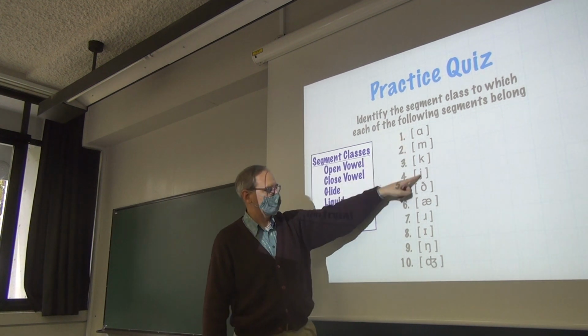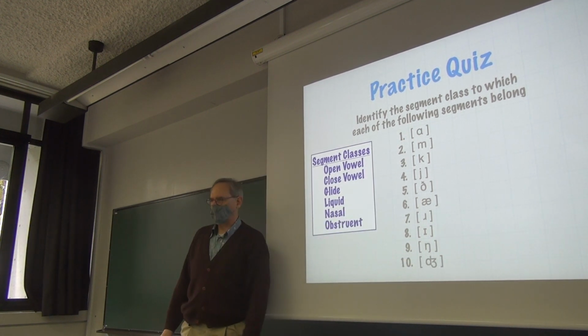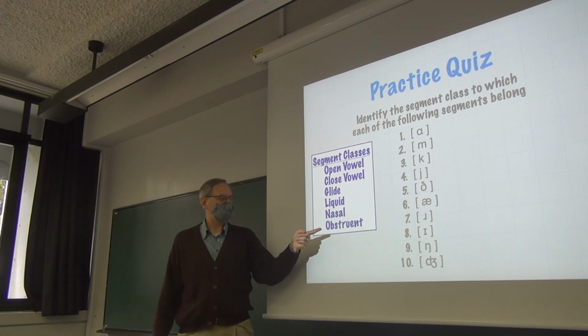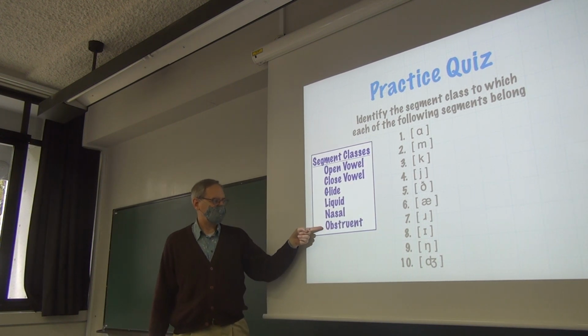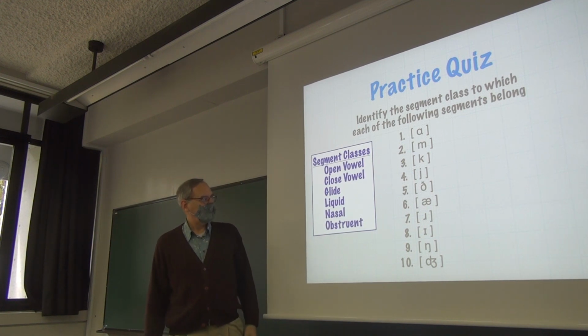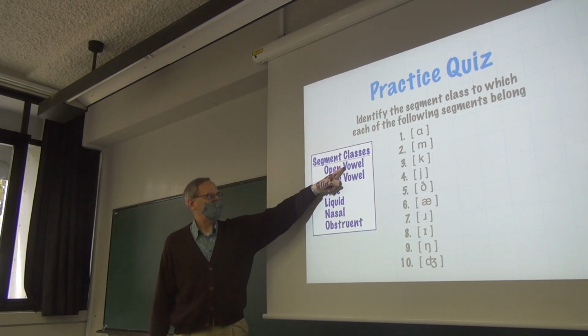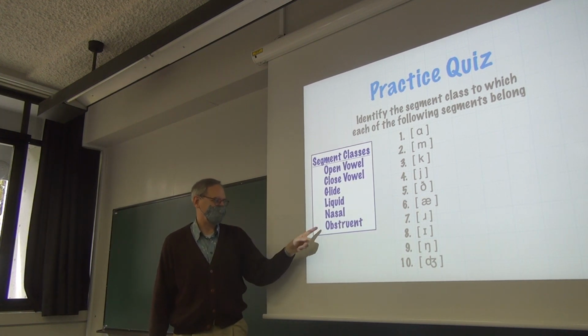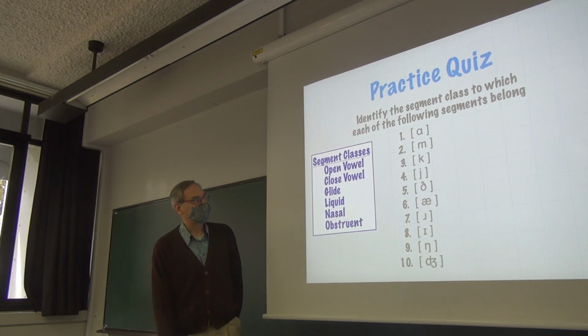You don't need to distinguish between stops and fricatives. If it's a stop or a fricative, just mark it as obstruent. If you prefer, you can use V for vowel, G for glide, L for liquid, N for nasal, and O for obstruent.